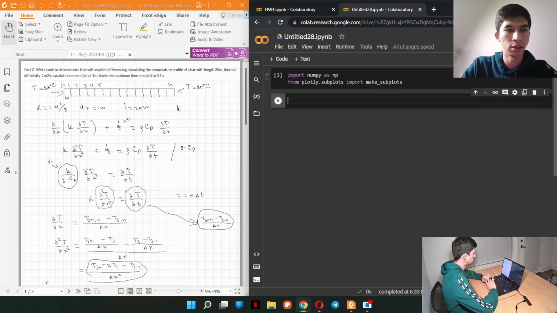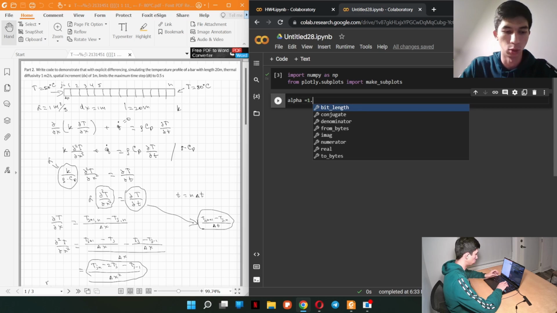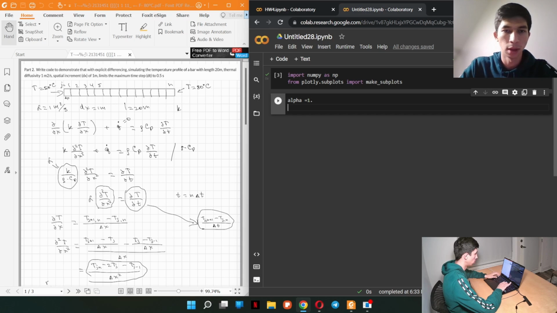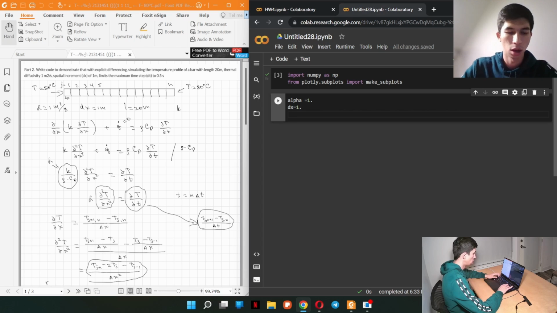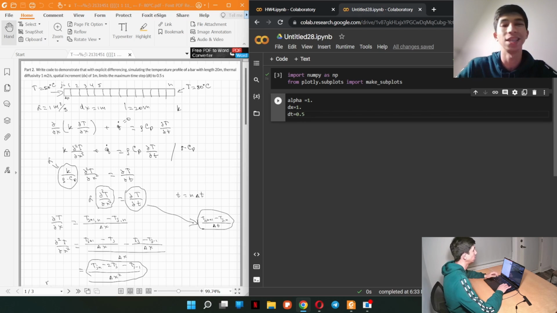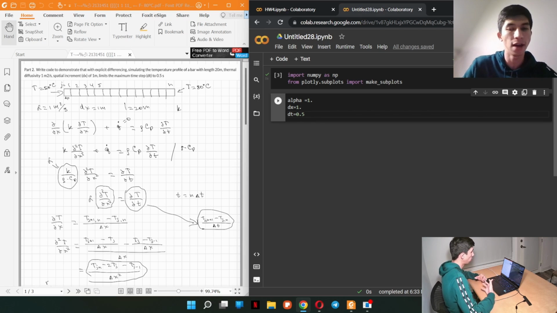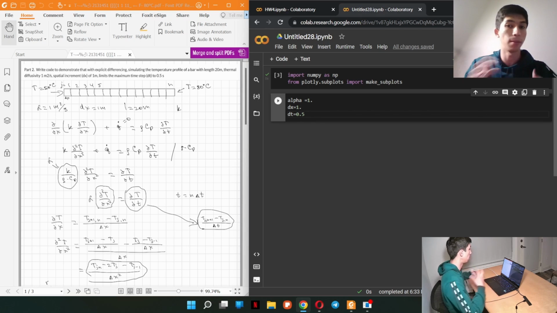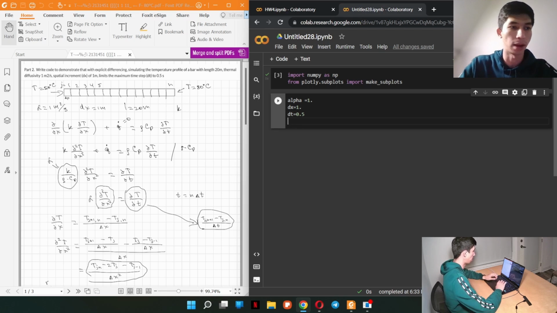Okay, and let's write down what we're given. We're given alpha, the thermal diffusivity, which is equal to 1, right? And we're also given dx, which is also equal to 1, and we're given that dt should not be greater than 0.5. So we're going to see the case where it is equal to 0.5 first, and then we're going to change it to see what happens.